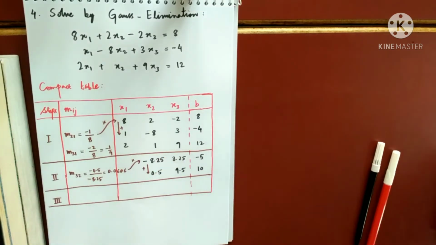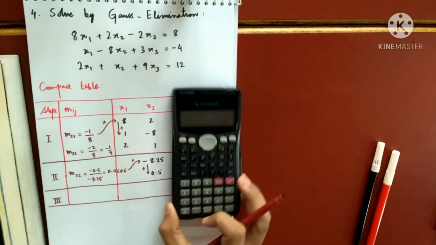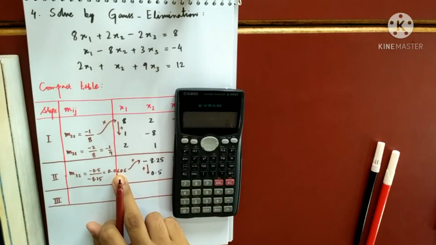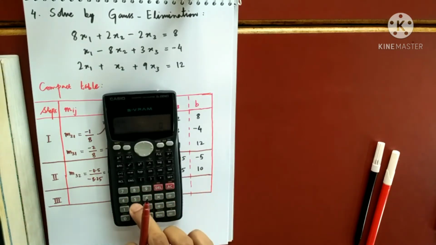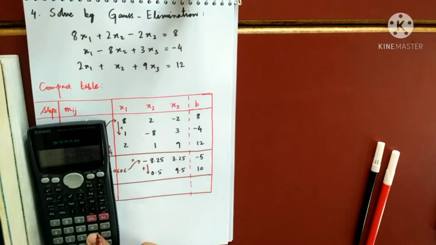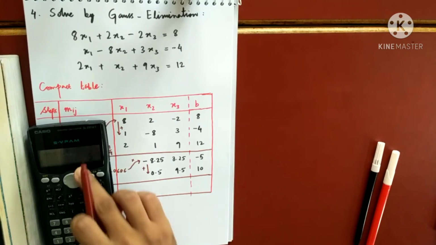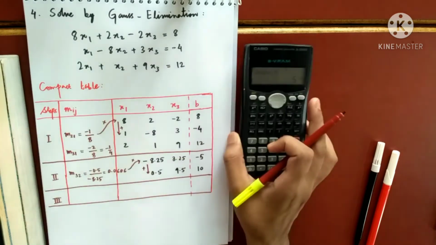Definitely this will become 0. You may check, it should become 0 only. So I will multiply minus 8.25 with 0.0606. So minus 8.25 into 0.0606. I'm getting this added with 0.5. Yeah, it's very 0.0000 something. That means it's coming 0 only, right?